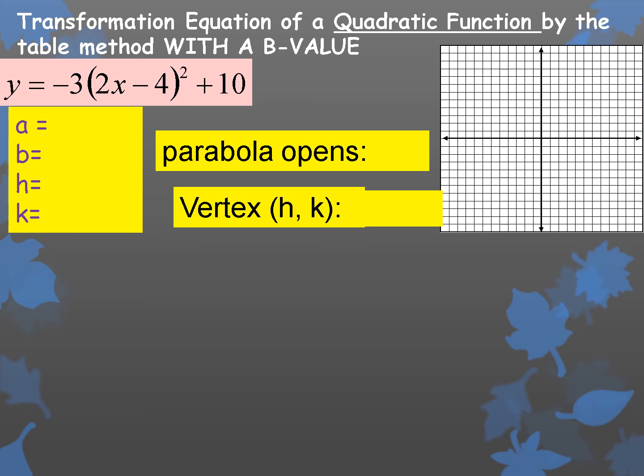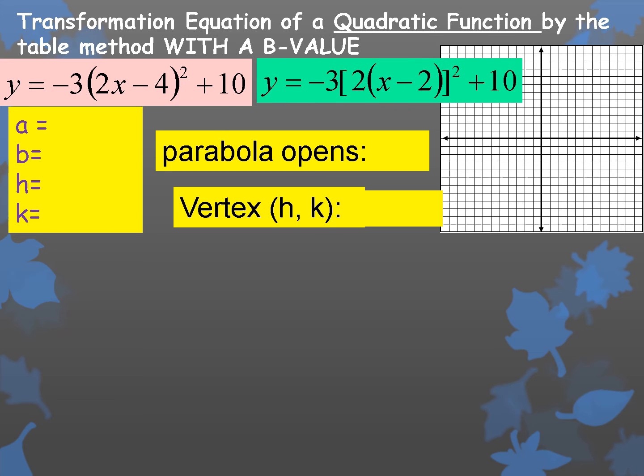It still stays in the quantity squared, but it is no longer part of 2x minus 4. So I factor out the 2. So inside my function, I now have 2 times x minus 2, and that whole quantity is squared. So my a is -3, my b is 2, my h is 2, and my k is 10.